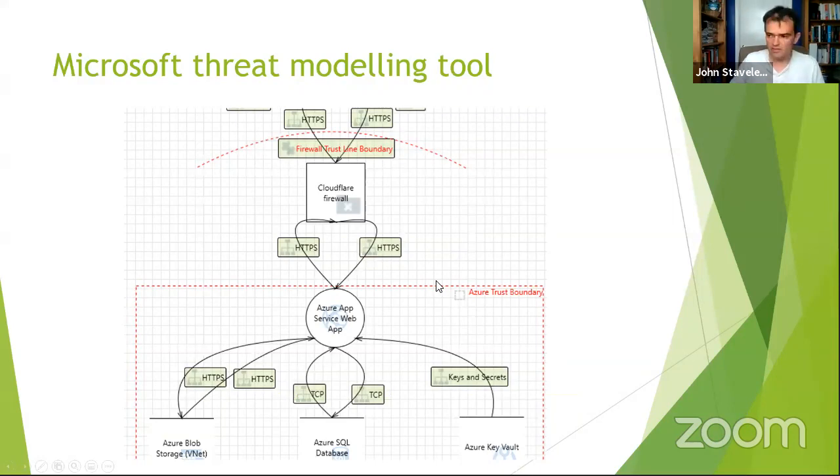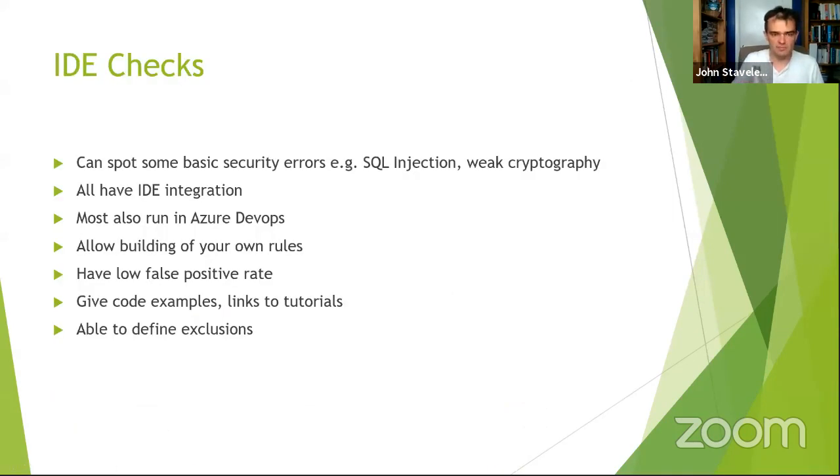Okay, so next one, in the pre-commit phase, we've got IDE checks. This is sort of the thin end of the wedge of security testing. It can spot some basic security errors like SQL injection and weak cryptography. They're as good as how much you pay for them, really. Some of them just use pattern matching, all have IDE integration. Most will also run in Azure Devops.